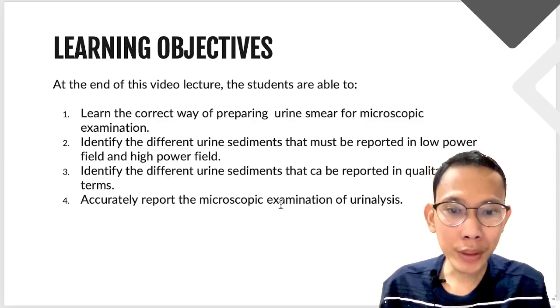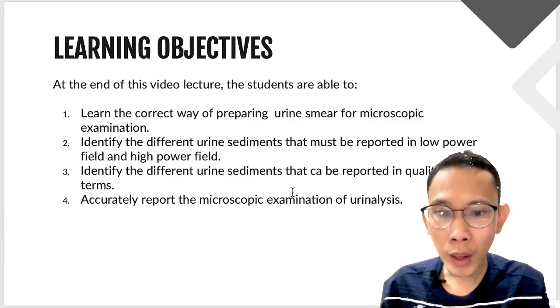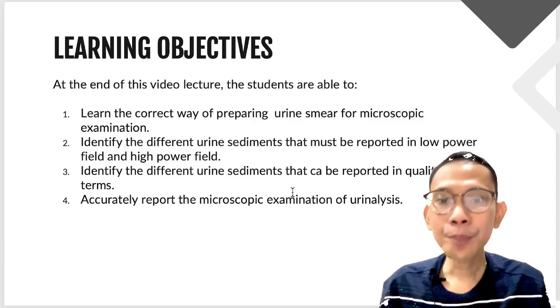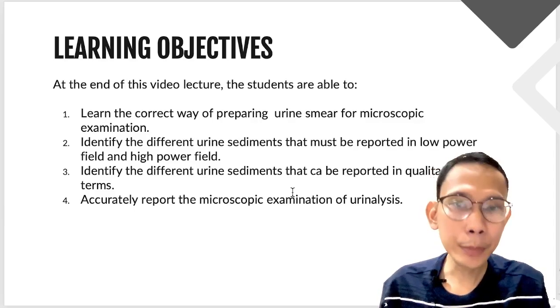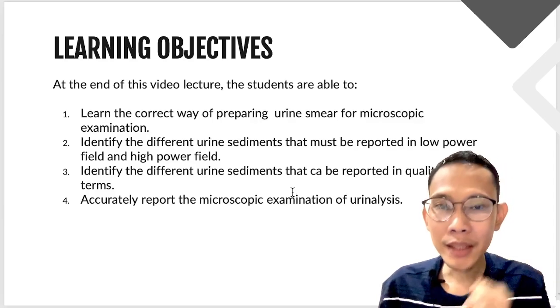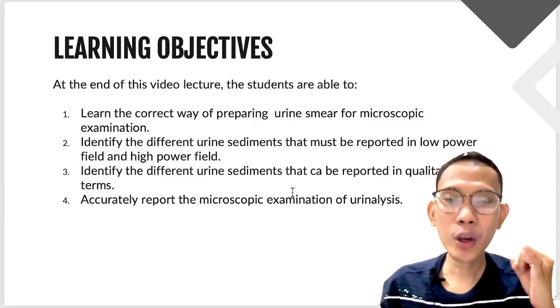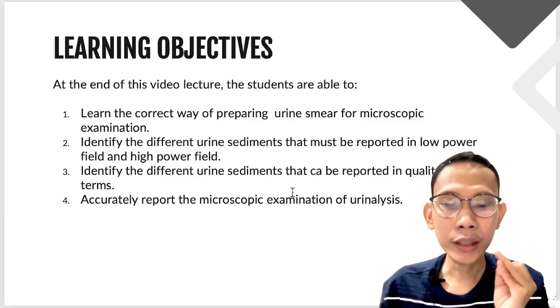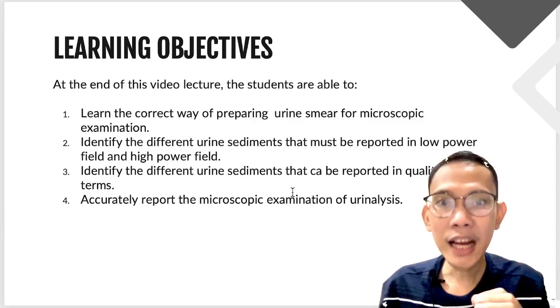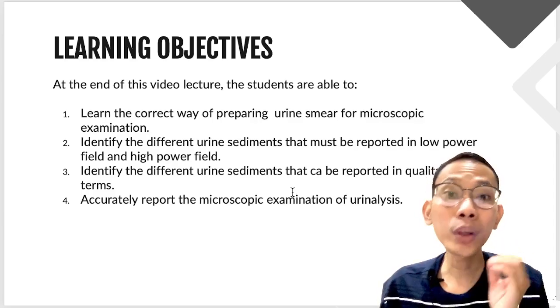Identify the different urine sediments that can be reported in qualitative terms. Again, different urine sediments have different ways of reporting. It could be by means of a range, or by means of a qualitative description. That still depends on the hospital protocol. But then again, we still have to follow what is in the book and what is ideal.